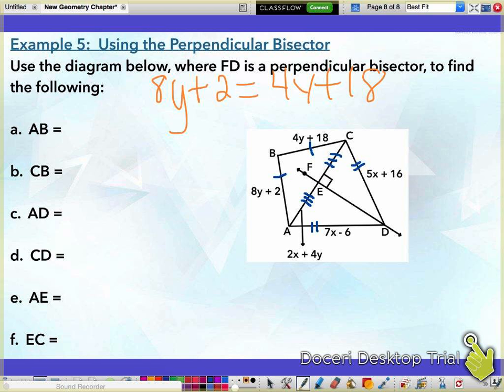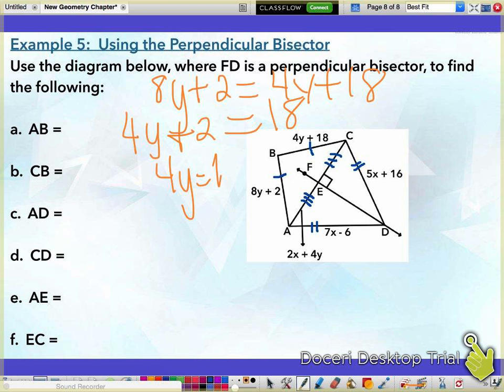Okay, so subtract 4Y. 4Y plus 2 equals 18. It's really sloppy. So subtract 2, 4Y equals 16.